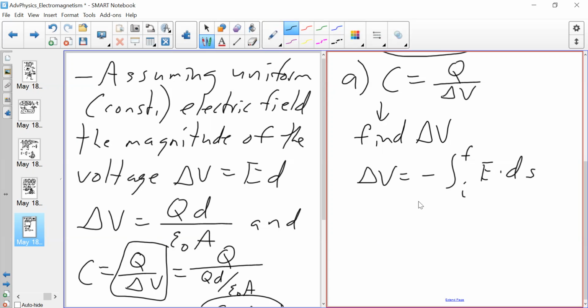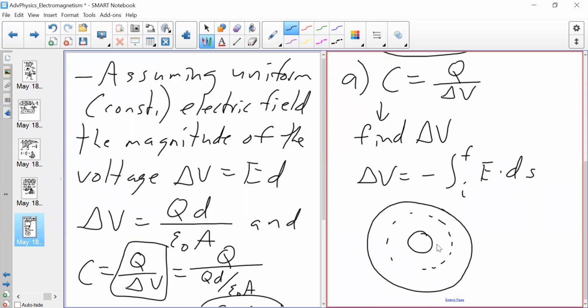If we look at this cylinder from the top, we have a cylinder on the inside and then a cylindrical shell that surrounds it. Now there's a Gaussian surface that exists between the cylinder and the shell, and it's going to be a spherical Gaussian surface.